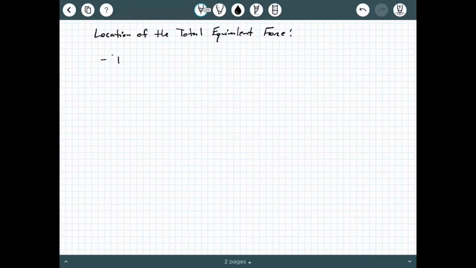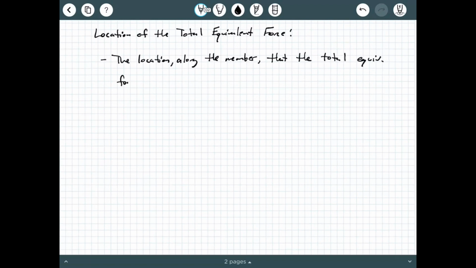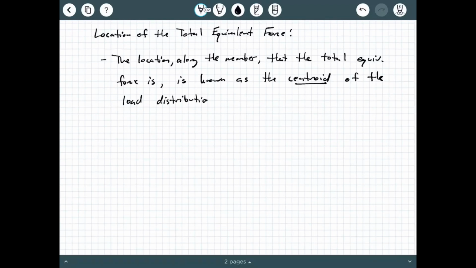We're going to say the location along the member that the total equivalent force is known as the centroid of the load distribution.